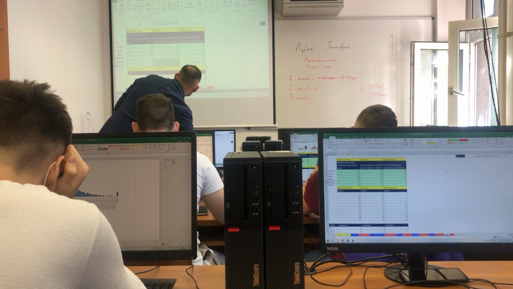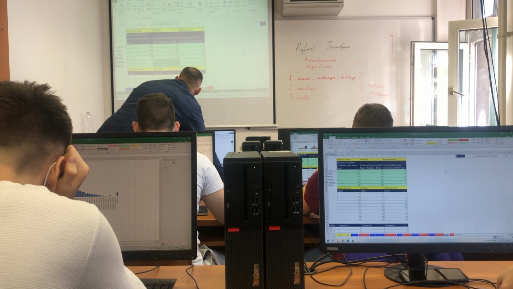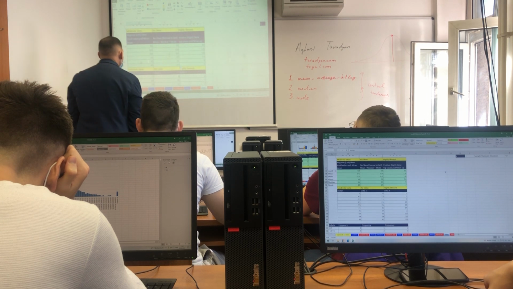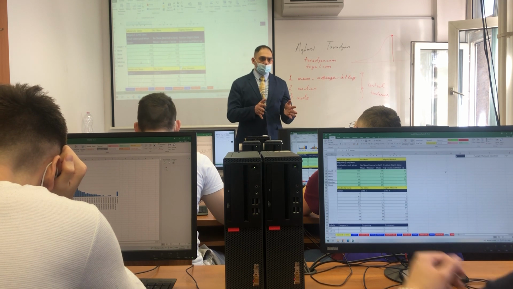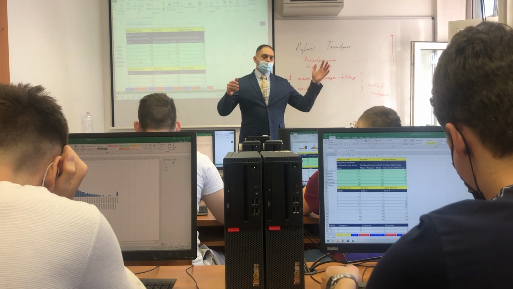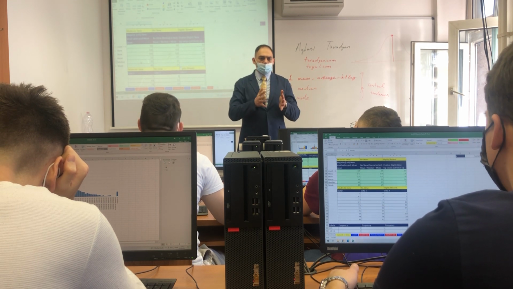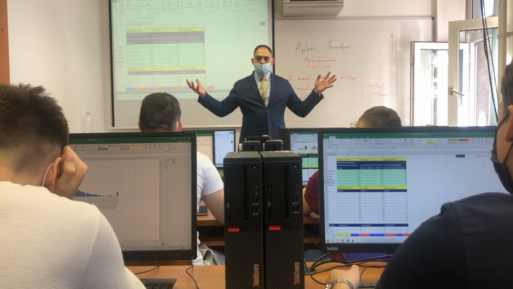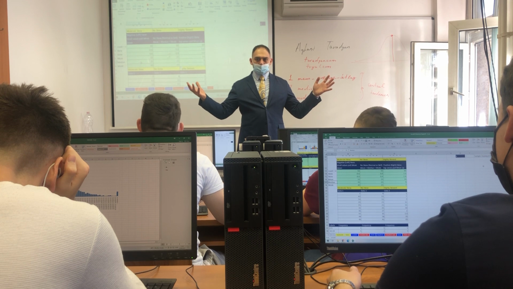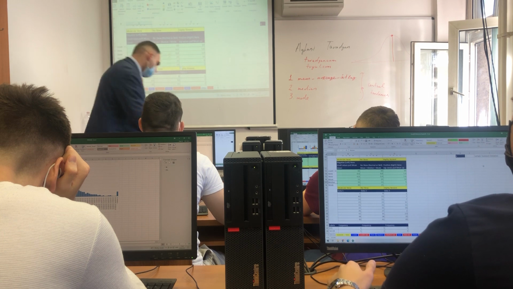And in the other case, the reverse is true. So as you can see, if we have a skewed distribution, the median is always in the middle between the mode and the mean. Okay?